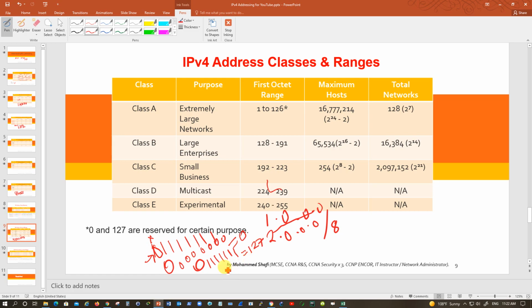because the total size of one octet is 255. All 8 ones will be equal to 255. So values will begin like this: 1, 2, 4, and so on. You can see the binary to decimal conversions; plenty of them are available on YouTube. In some of my other videos I'll try to explain how to convert these numbers.